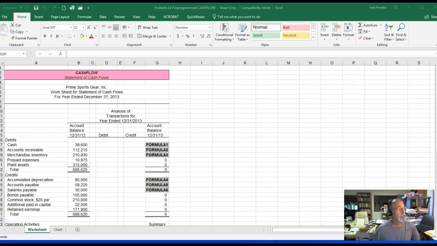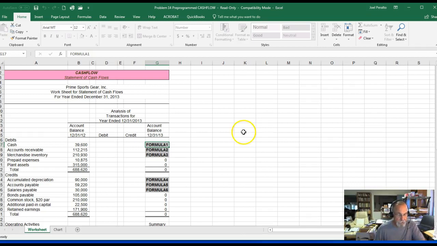with this problem. So let me do a little bit of reading from the text. This is on page 83, P14, Statement of Cash Flows. And the Excel file template is called cash flow.